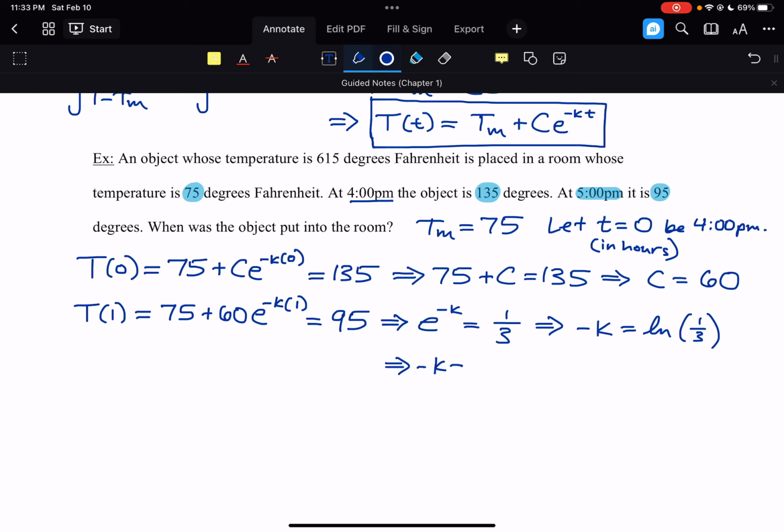So we get negative k equals ln of 1 minus ln of 3. ln of 1 is 0. So we get negative k equals negative ln of 3, or in other words, k is ln of 3. So that's the nice, fully simplified version of k.